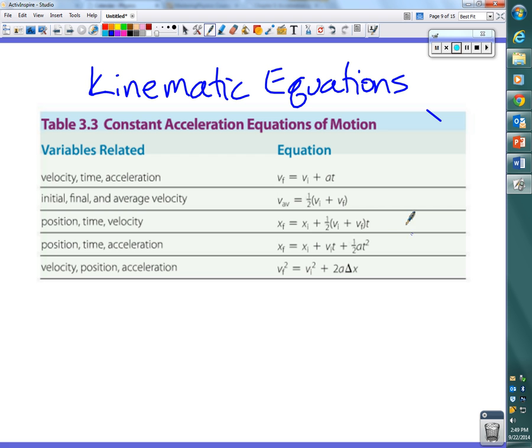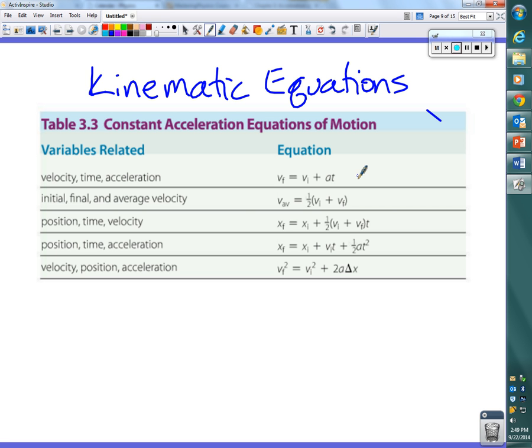But if you also look, you will find that in each one of them, you're missing one or more of the kinematic descriptors, right? In the top one, we have v initial, v final, acceleration, and time, but there's no mention of what in that equation? Position.